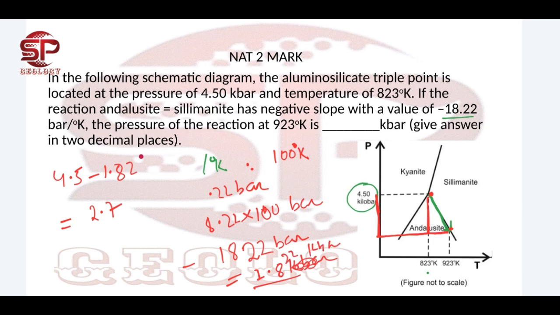It will be 2.678, or you can write 2.67. Understood? So initially there is 4.50 kilobar pressure, and the temperature increases by 100 degrees. For 1 degree, the pressure decreases 18.22 bar, so for 100 it decreases 1822 bar or 1.822 kilobar. After decreasing 1.822 kilobar, the pressure is now 2.67 kilobar and the temperature is 923 Kelvin.